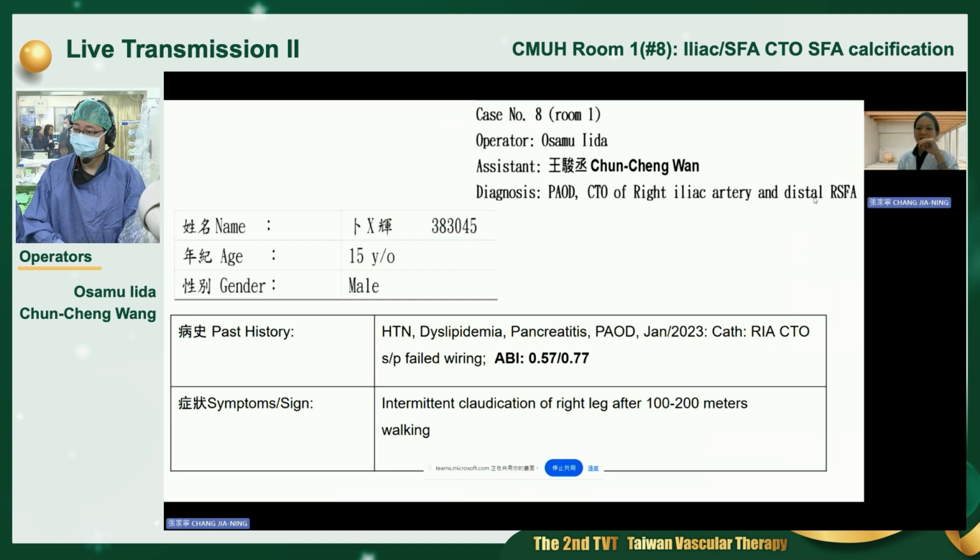He had catheterization in 2023. We noticed the CTO of the right iliac artery, which we failed to wire. His ABI is 0.57 and 0.77. Obviously, it's a case of PAOD. The symptom is intermittent claudication, even when walking 100 to 200 meters.